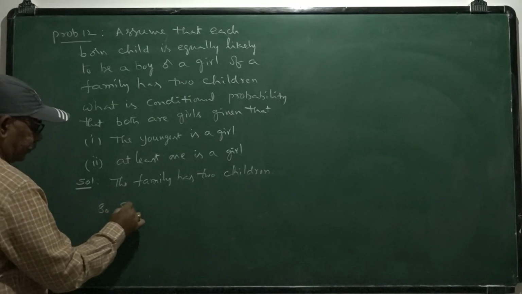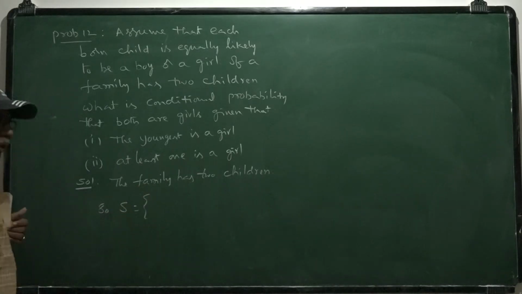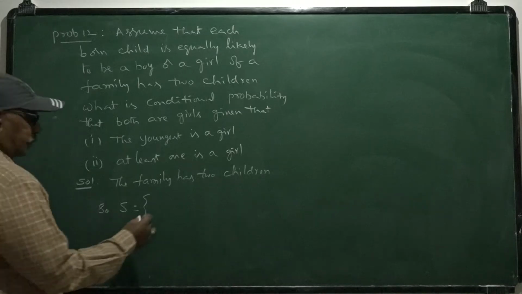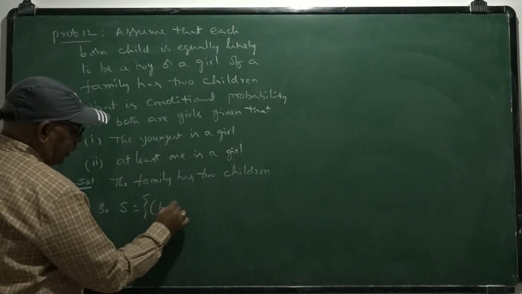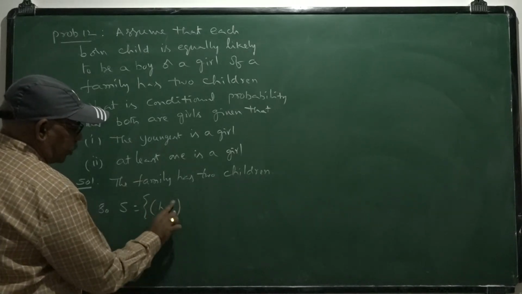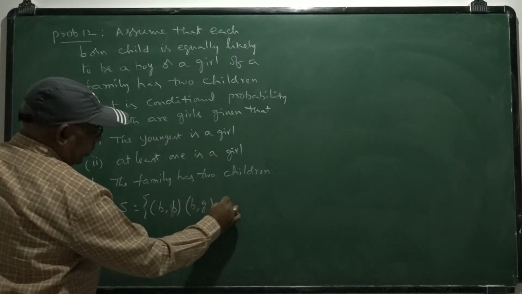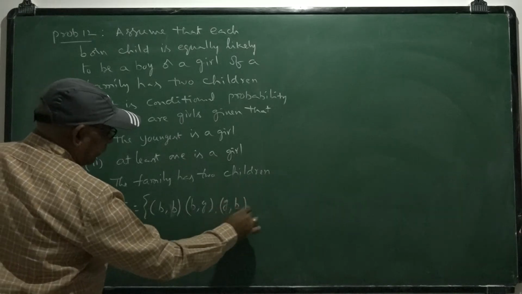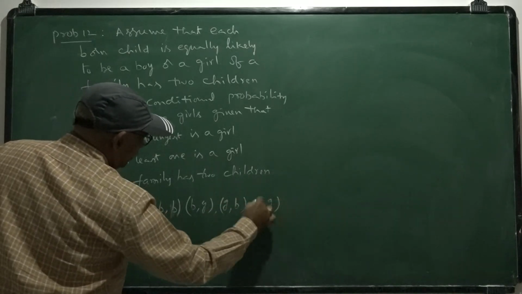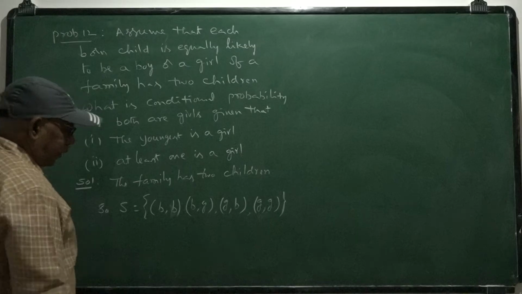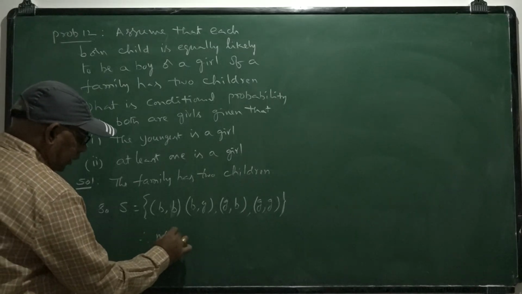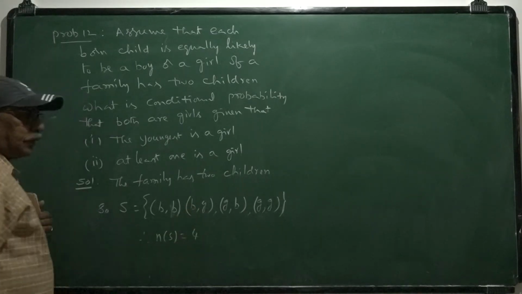So, the total possible outcomes of the children here, the total possibilities that the family has 2 children, are boy and boy, boy and girl, girl and boy, girl and girl. Therefore, n of S equals 4.